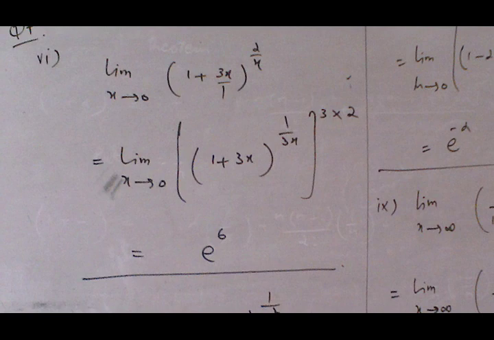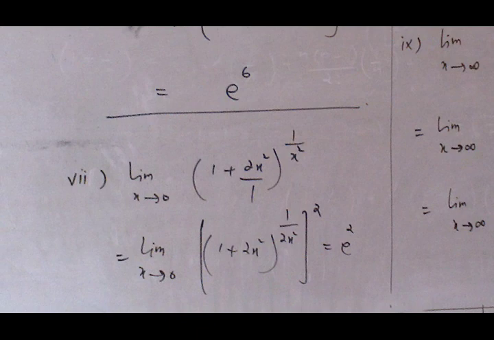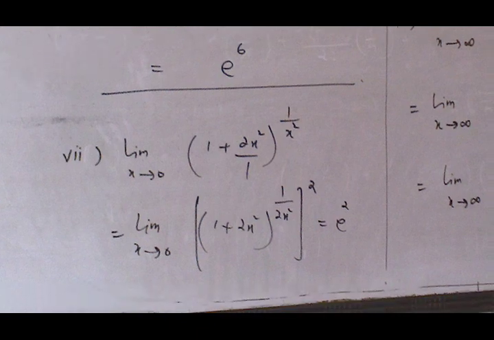Now here again questions. We have 1 + 3x, and we make the power 1/3x. We move it outside and multiply by 3 and divide by 3, and it becomes e raised to power 6. In this 1/2x² we multiply by 2.